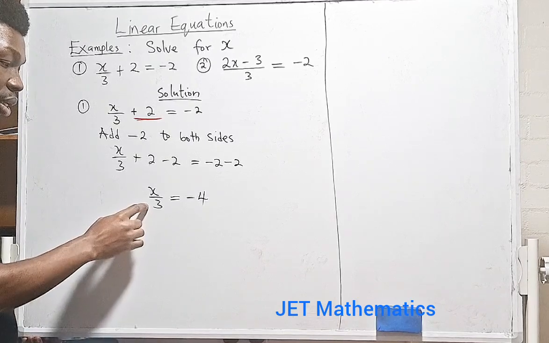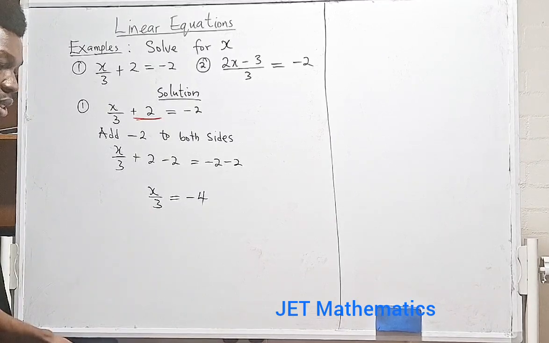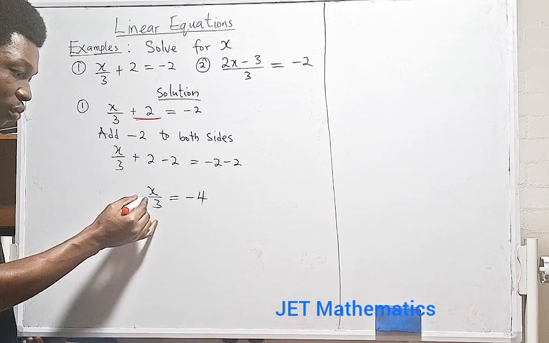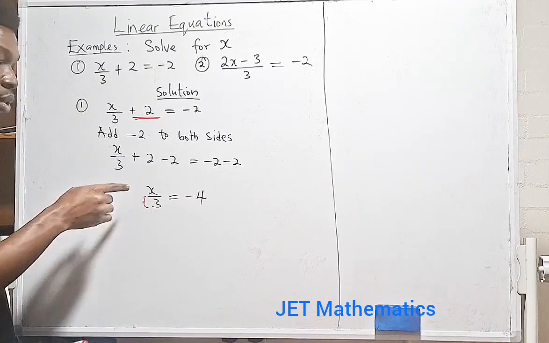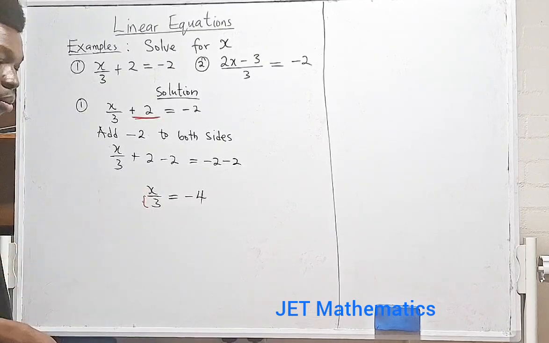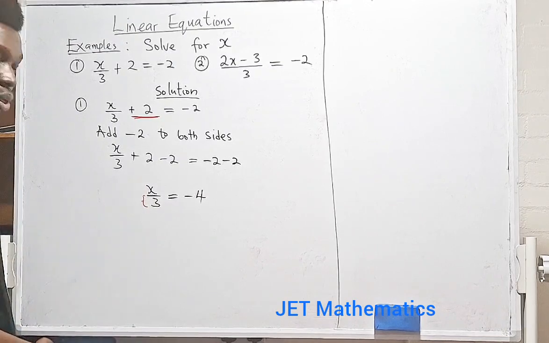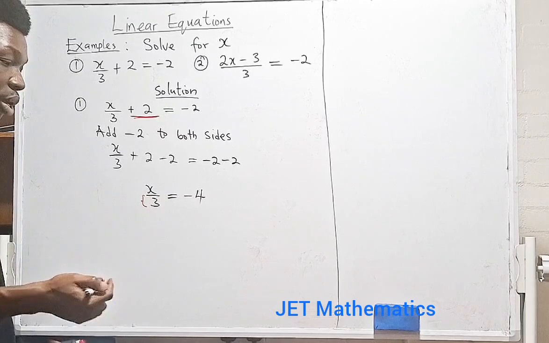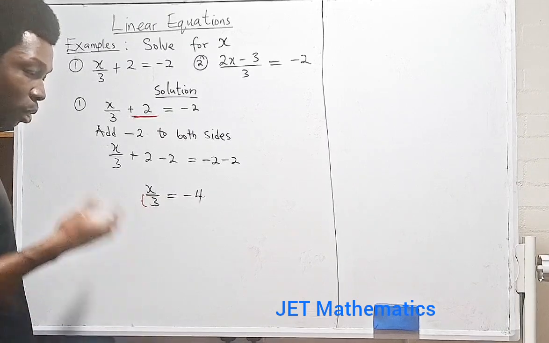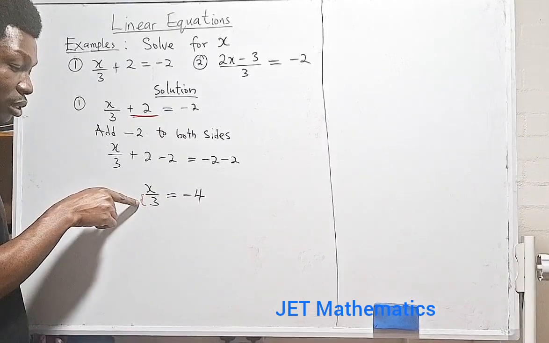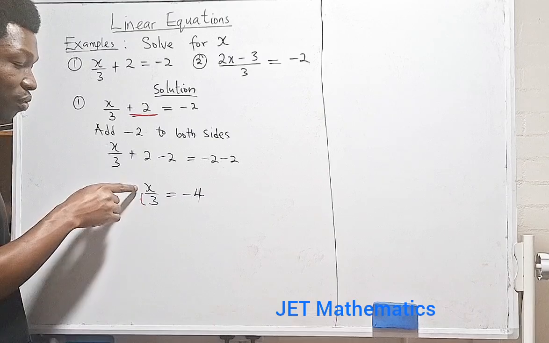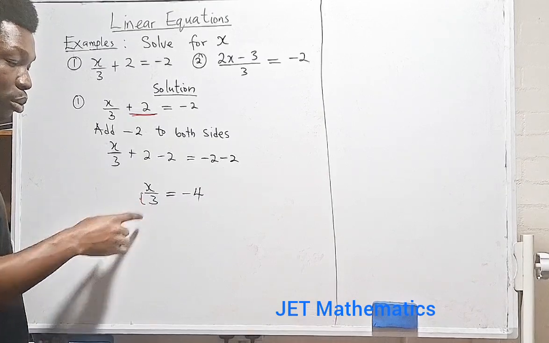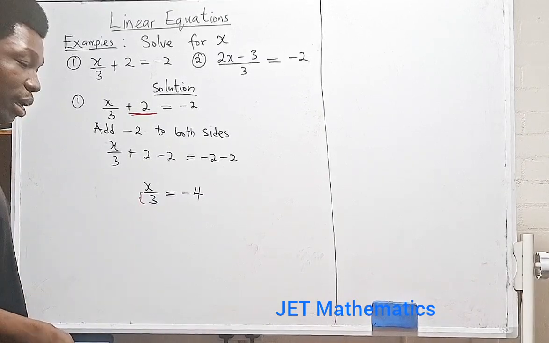So the next thing is how we can remove this 3 here, because our job is to look for x. Okay, so to remove this 3, we already saw in previous classes that this is divided by 3, so we use the inverse operation of divide to remove this, and that will be multiplied by 3.